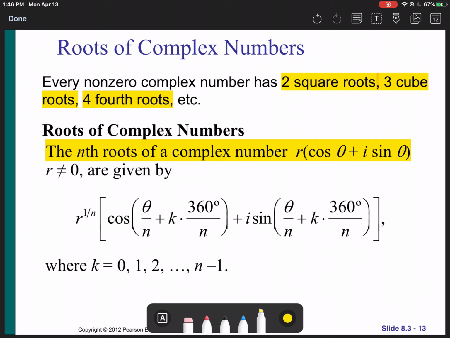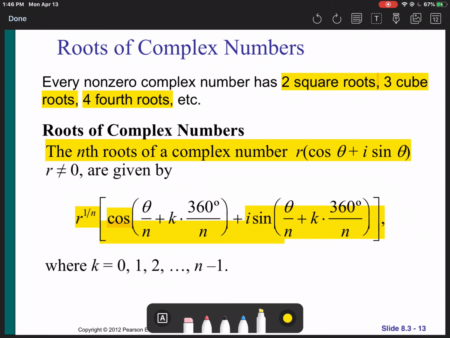Now this is a fancier little formula. There's a few moving parts to it. And as I said, this is probably why this is a little more interesting, because of the formula that you're going to have to remember. I can raise that number to the power by taking the r, raising it to the 1 over n power, times the cosine plus i sine of theta over n plus k times 360 over n.